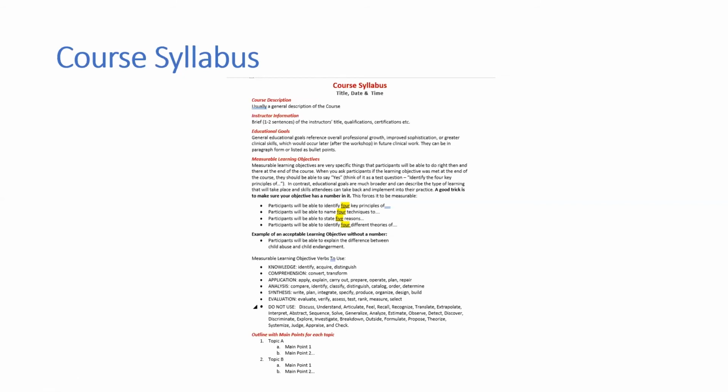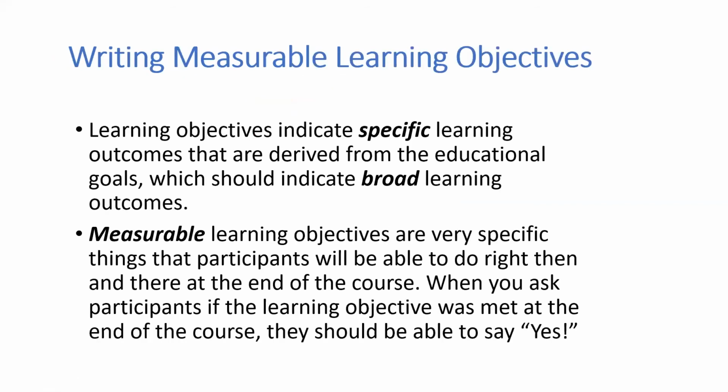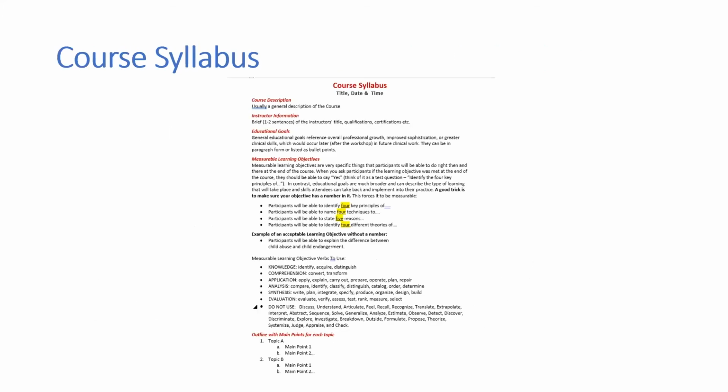So speaking of measurable learning objectives, we're going to discuss how to write them. We'll briefly touch base on this. And I forgot to mention, of course, the course syllabus is located on our resource page and also located in all of the applications. So it's readily available for you.